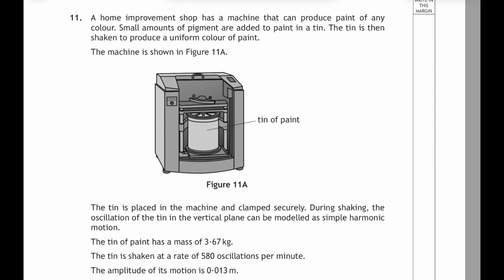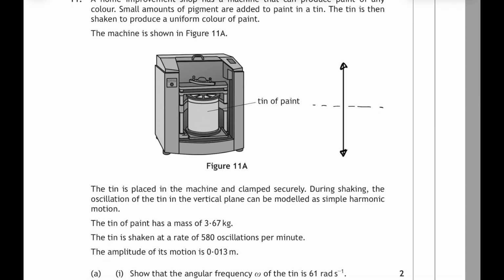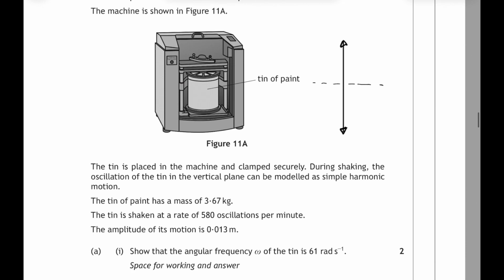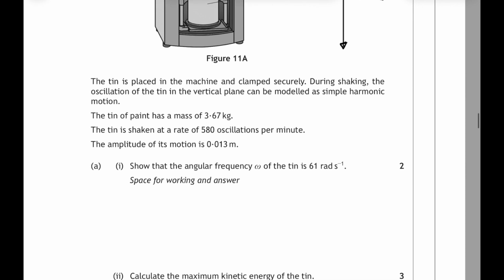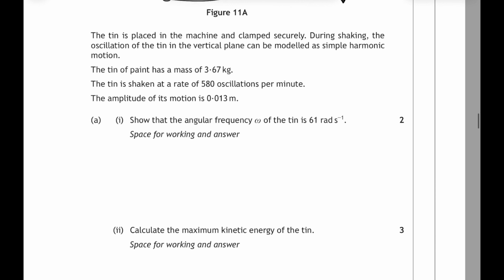The tin is then shaken to produce a uniform colour of paint, and that machine is shown in figure 11a. So the paint tin is going to oscillate in the vertical direction with simple harmonic motion. The tin is placed in the machine and clamped securely, and during shaking, the oscillation of the tin in the vertical plane can be modelled as simple harmonic motion.